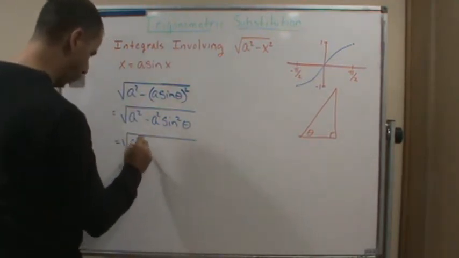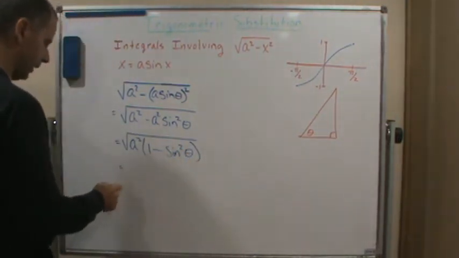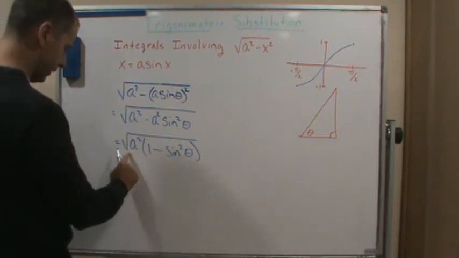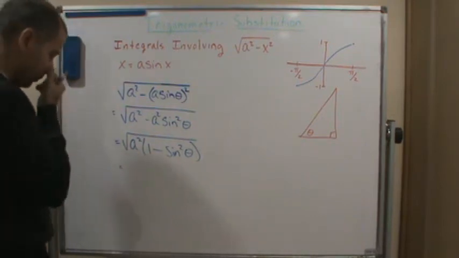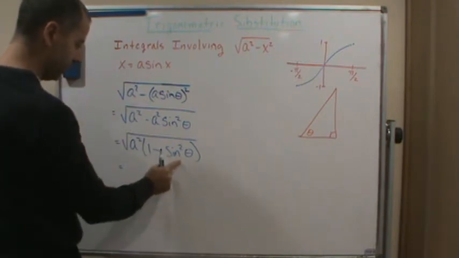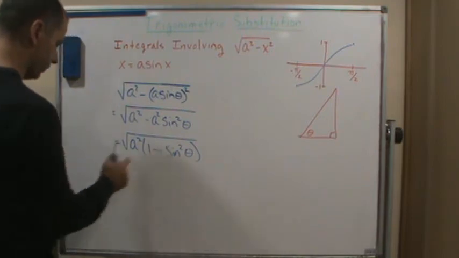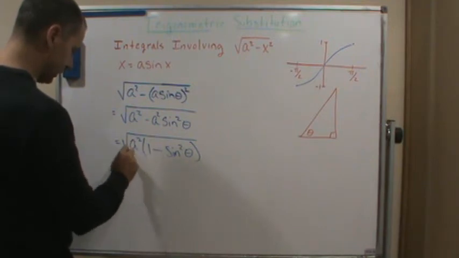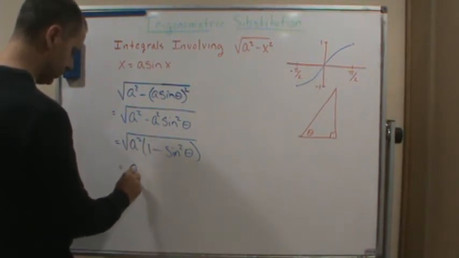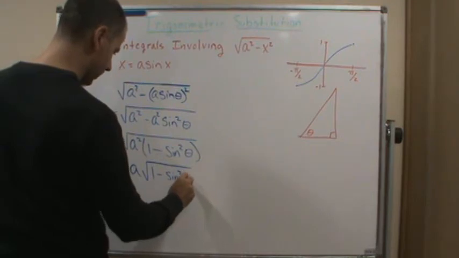Since a is positive, I can split this up and take the square root of a squared, which just gives me a times the square root of 1 minus sine squared theta.